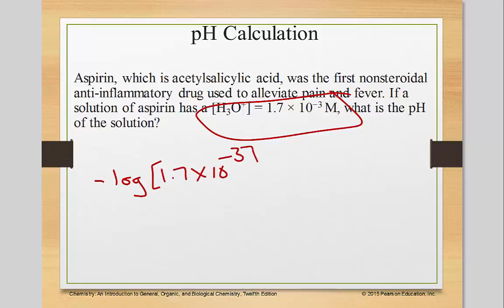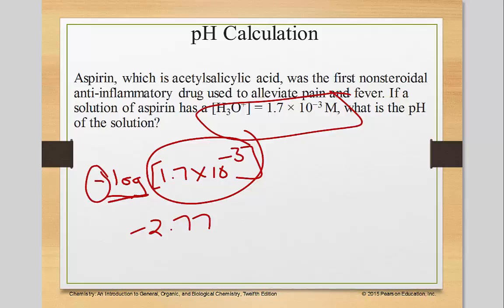You're going to type 1.7 times 10 to the negative 3 in first, so it would be 1.7 EE negative 3, 1.7 EXP negative 3. Then you're going to hit the log button, and that's going to come out to be negative 2.77. That's where this negative sign comes in. You're actually going to change this over to a positive. So your final answer is 2.77.